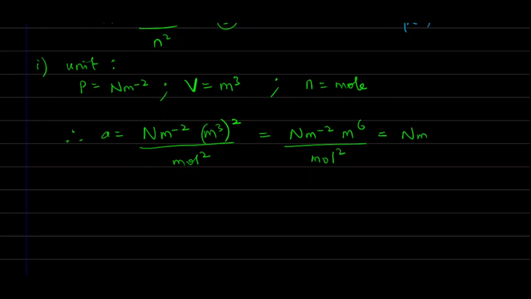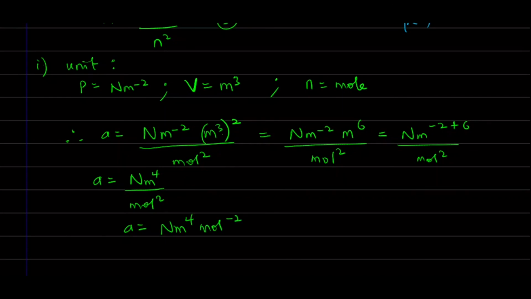The first power is minus 2, while the second power is plus 6, over mole squared. So the value for A becomes Newton meter raised power 4 over mole square, and that we can simply write as the unit Newton meter raised power 4 mole raised power minus 2.